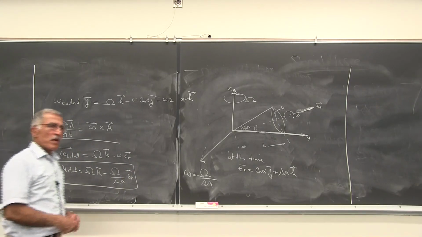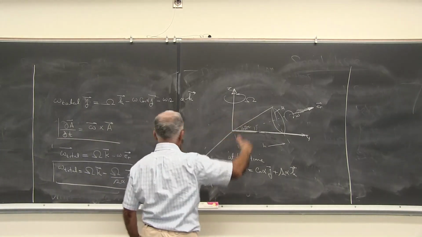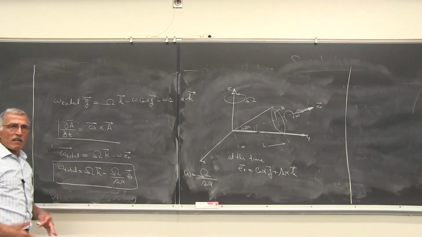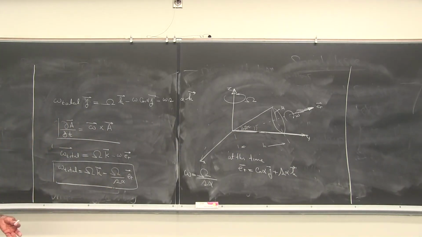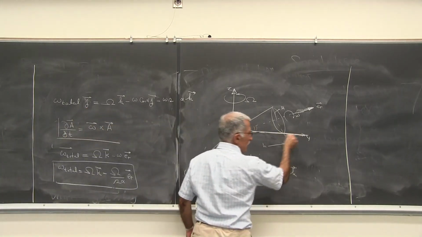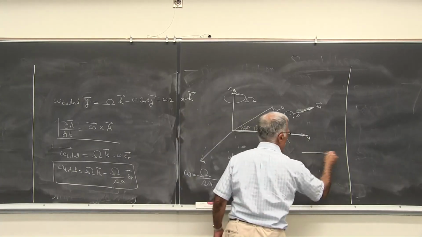Now, just because this is going with a constant velocity, and this is going with a constant velocity because the other omega is also constant, that doesn't mean you do not have angular acceleration. The next time your omega total is not here. Your omega total has gone to a different location.